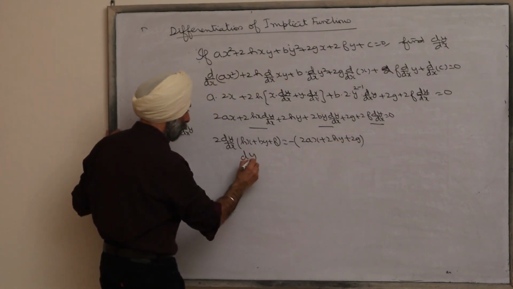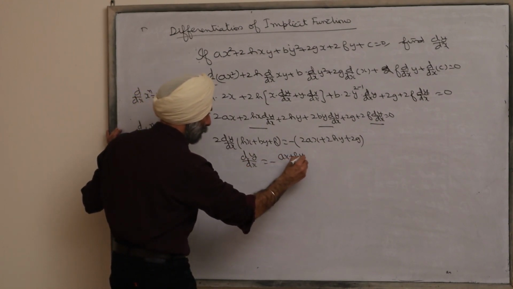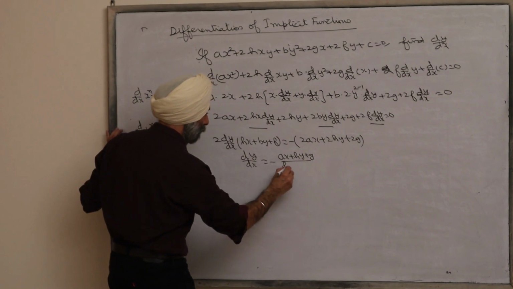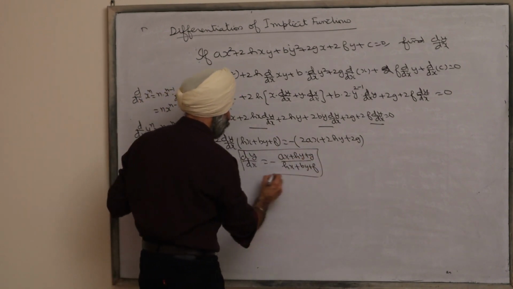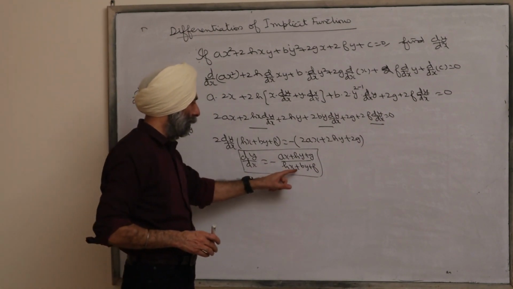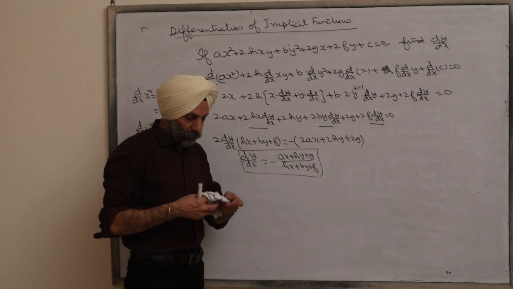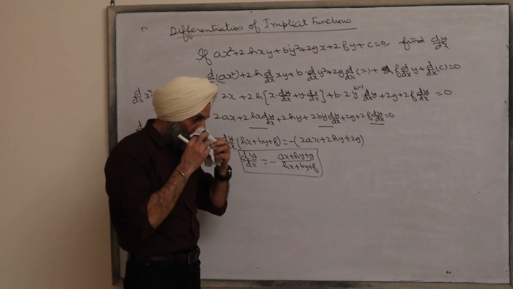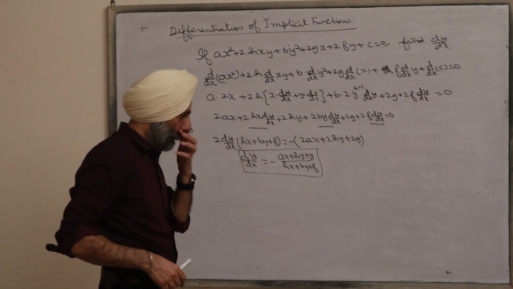So what is dy over dx? It is minus of (ax plus hy plus g) upon (hx plus by plus f). So your answer is also in the implicit form, that is, values of x and y are occurring simultaneously. This way you can differentiate the implicit function here.